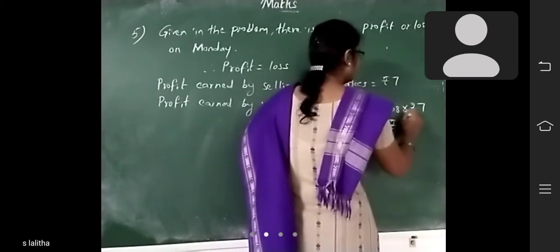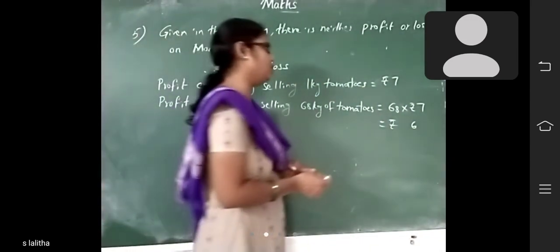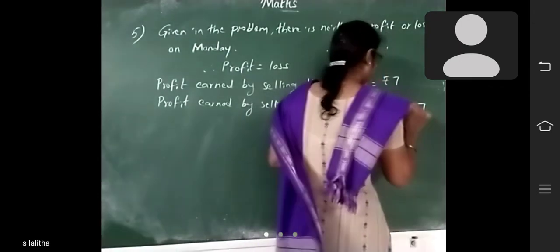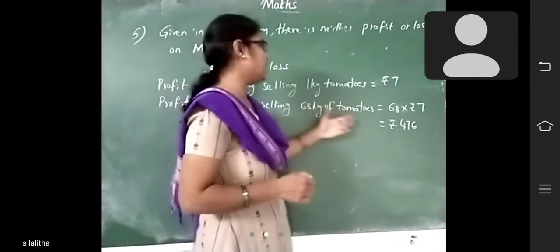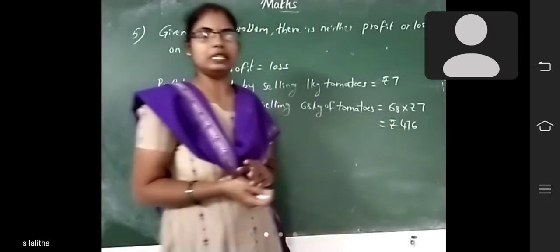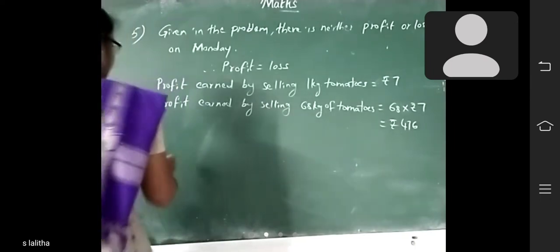How much? 7 8 56, 5 is remaining, 7 6 42 plus 5 is 47. So profit earned by selling 68 kgs of tomatoes is 476 rupees profit.